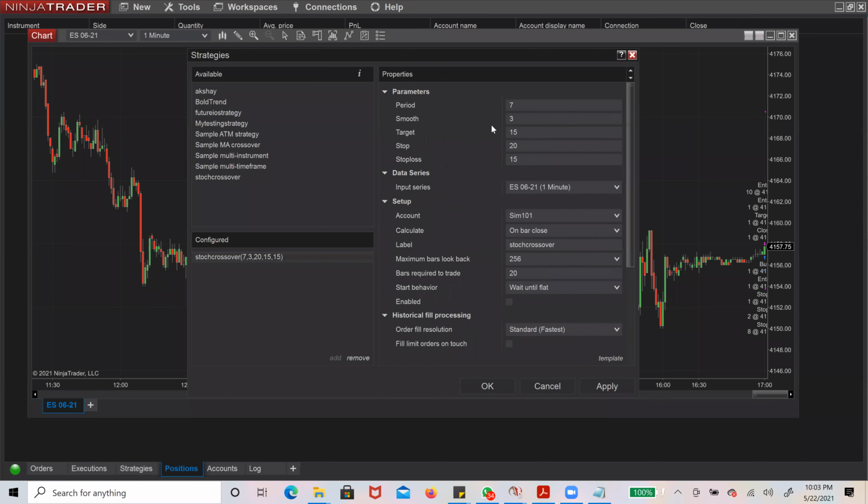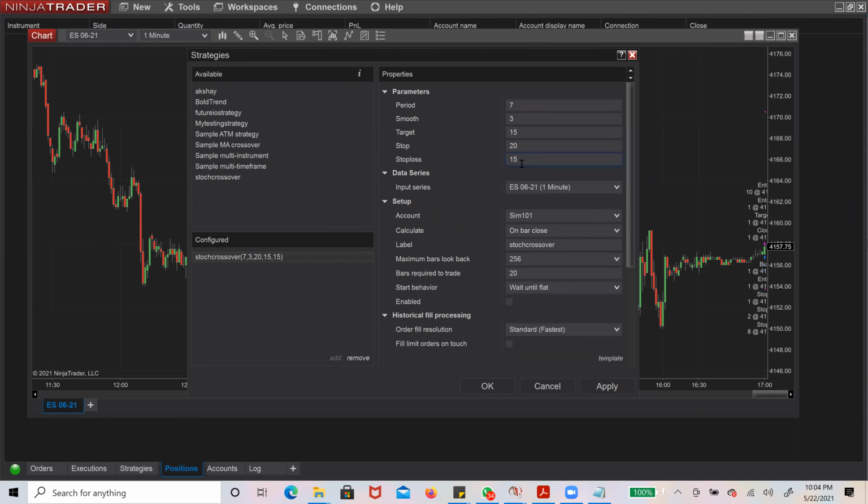So what it's going to do is look at the 7-day period. If the 3-minute stochastic goes smooth, then take a position, and my target is 15 ticks up. That's the time I have to sell. My stop is 20 ticks minus. I will take the loss, and my trailing stop loss is 15 ticks.